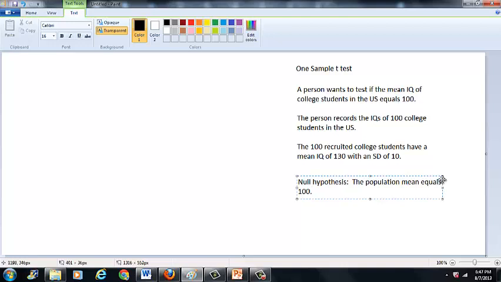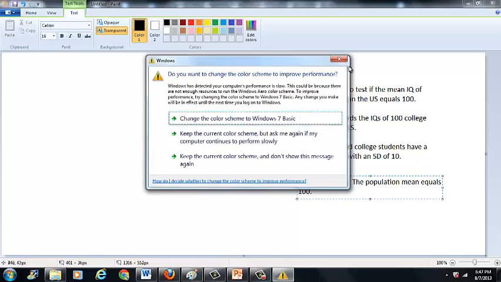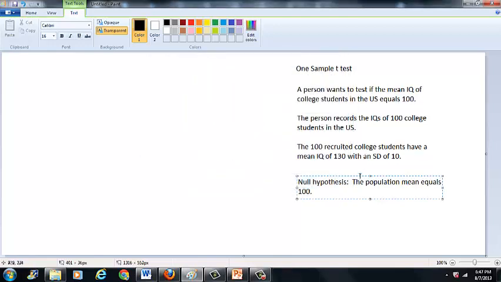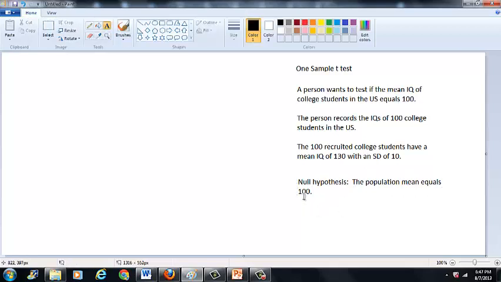The null hypothesis just says that the mean of the population that we're interested in does equal the value that we're testing. And when we do this one-sample t-test on our data set, we're using it to make a decision about whether this null hypothesis should be rejected. We're wondering whether we should reject the possibility that the mean IQ equals 100.